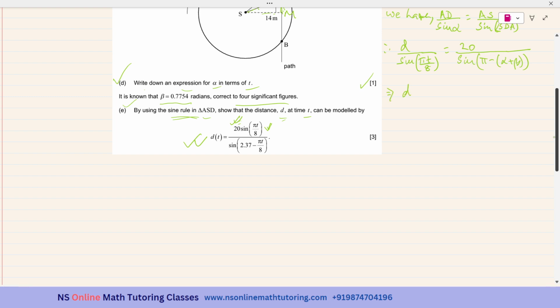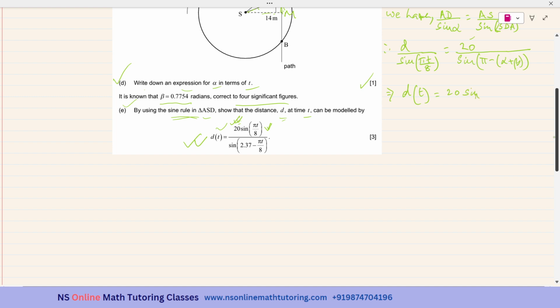Therefore, d of t seconds, you come to that point D after t seconds. So they have written d of t equal to 20. You see, this 20 is the AS length.